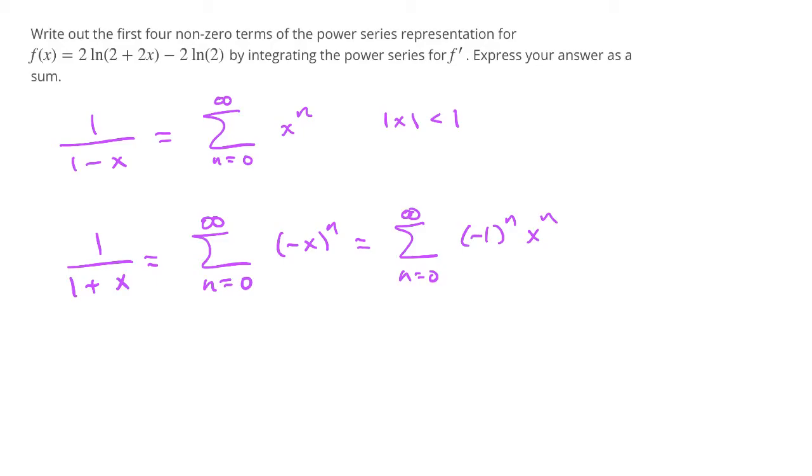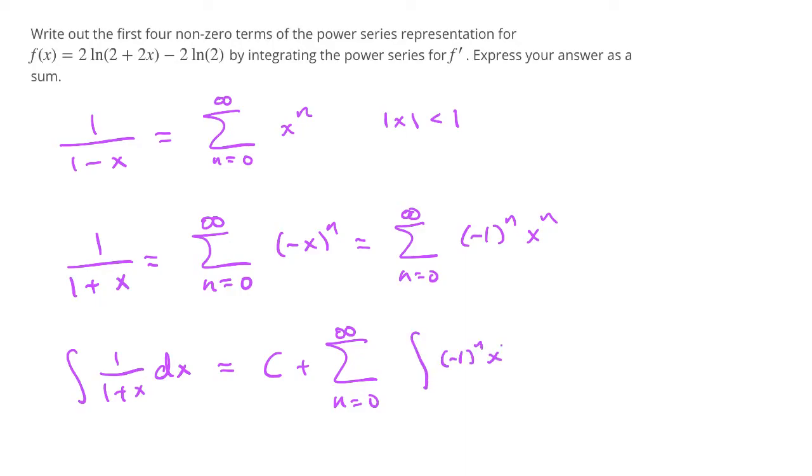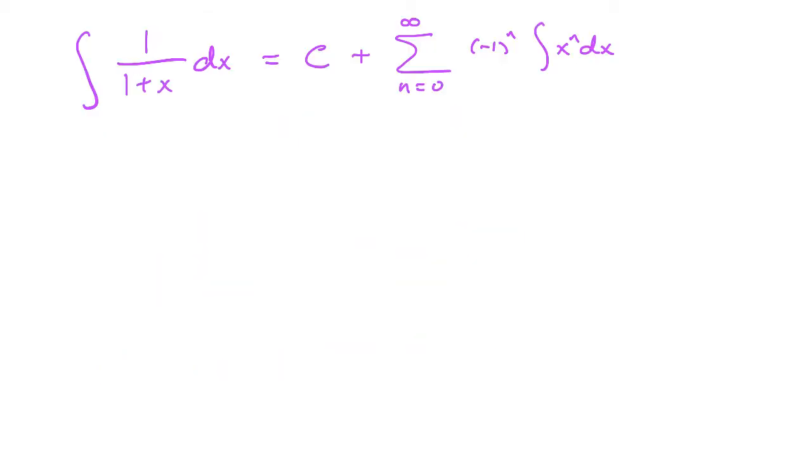And so what our theorem just told us was that if we take the integral of 1 over 1 plus x dx, then that gives us, up to an arbitrary constant, the sum from n equals 0 up to infinity as if we integrated our power series term by term dx. If we do that integration, we can pull the negative 1 to the outside because it's just a constant not depending on x.